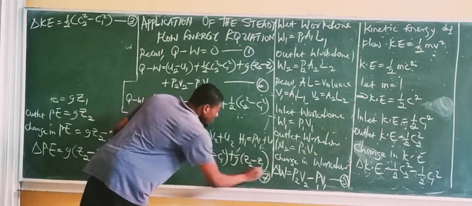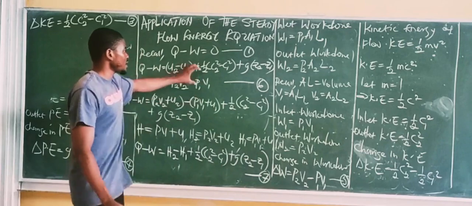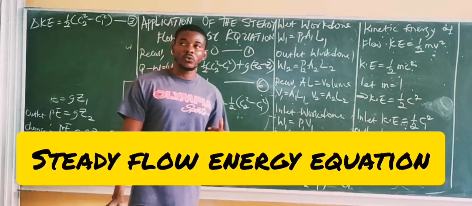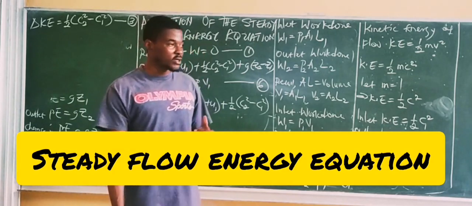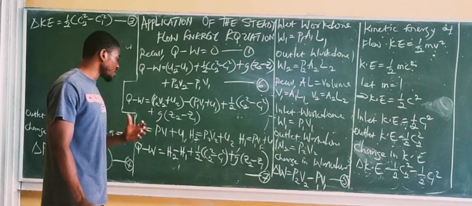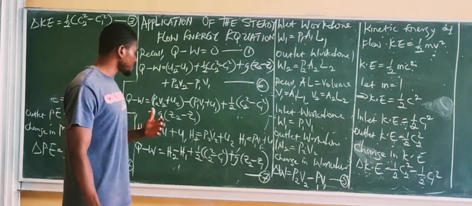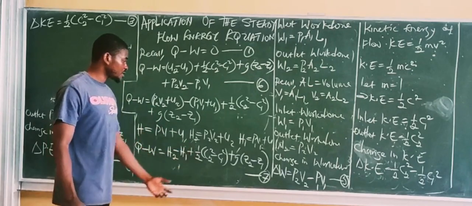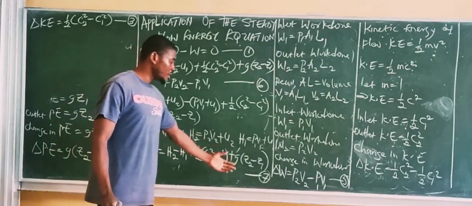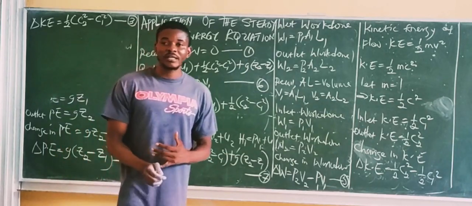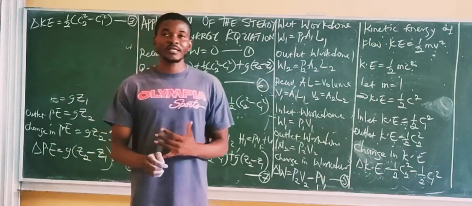This is equation 7. Equations 6 and 7 give what is called the steady flow energy equation. It is the change in enthalpy plus the change in kinetic energy plus the change in potential energy. Alright guys, that is how you can find the steady flow energy equation.